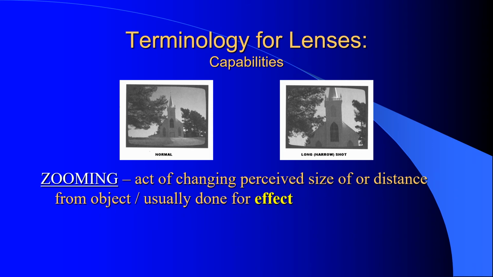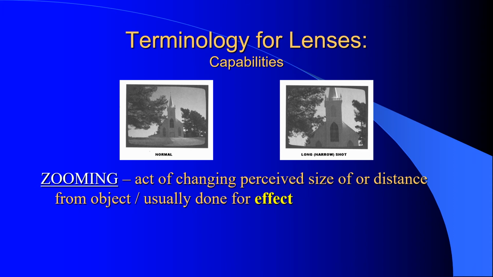The importance of the act of zooming itself has changed over the decades. Years ago, you didn't want the audience to see the lens zooming in on an object of some sort. Rather, you would go to a different shot.